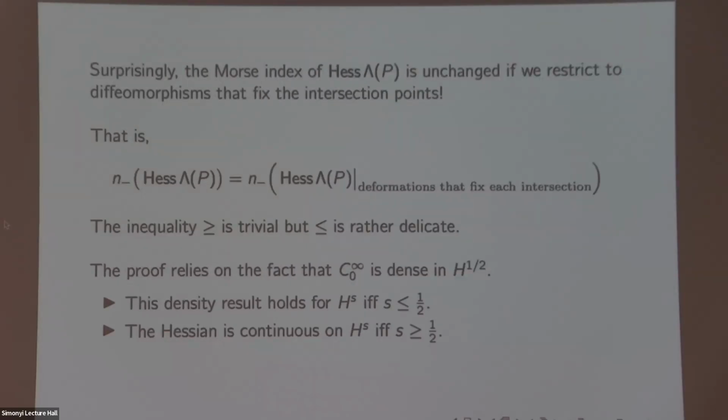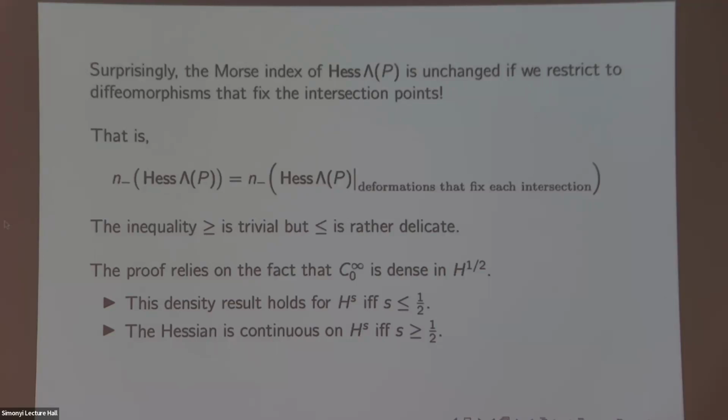If I look at the Morse index of the full Hessian, so on the space of all allowable deformations, or I look at the Hessian restricted to deformations that fix, say, the center point here, or even deformations that fix a small neighborhood of the center point, it turns out I get exactly the same Morse index in both cases.